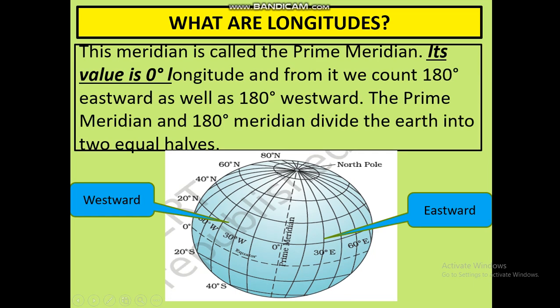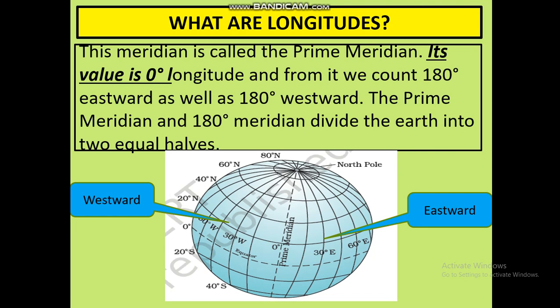The important meridian is known as the 0 degree meridian and is also called the prime meridian. Its value is 0 degree, just like the equator has the value of 0 degree. This prime meridian passes through London in Britain.